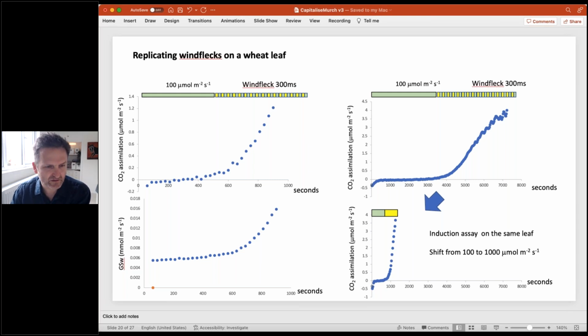This is, I guess, kind of expected given the dynamics of the Calvin cycle and the electron transport chain, but it does show that these kinds of changes can induce photosynthesis. And down in the bottom right here, we see that when you do go through this, you increase the speed of induction of photosynthesis in the leaf. So the penetration of these very, very rapid flecks of light should have an effect on the speed of induction.